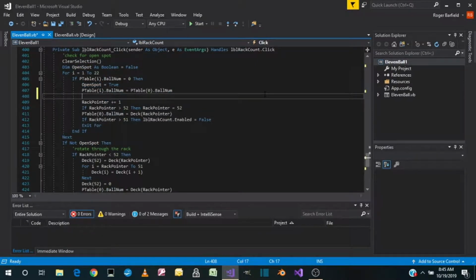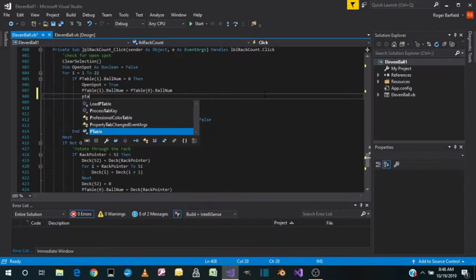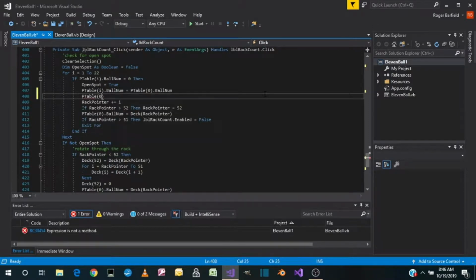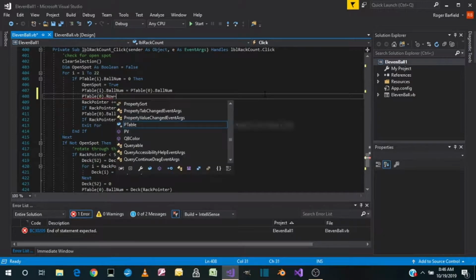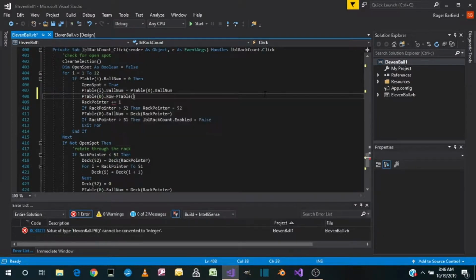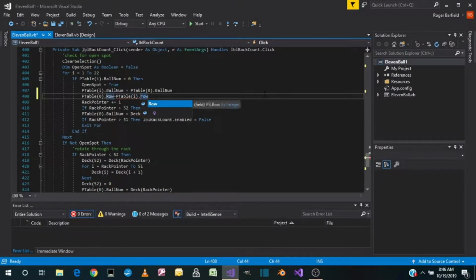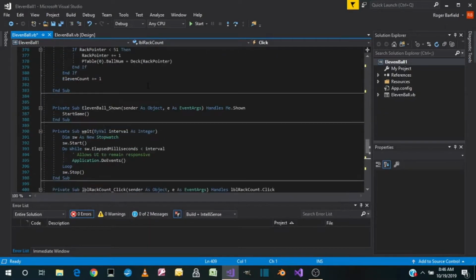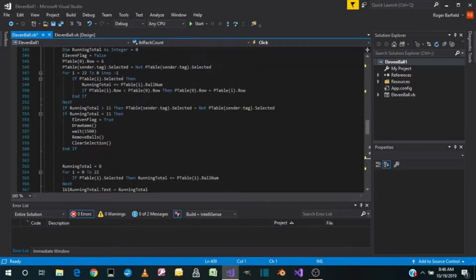We need to go ahead and set the row number. So we'll say P table 0 for rack ball dot row is equal to P table I dot row. And then we need to move up here to where we draw the game.